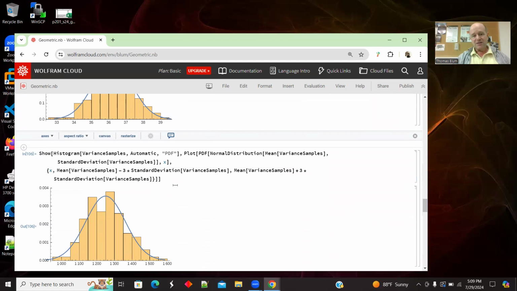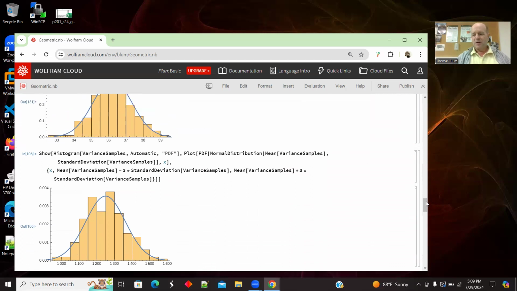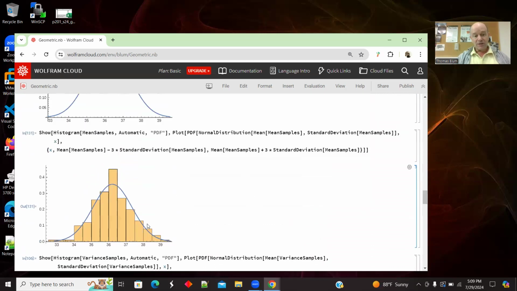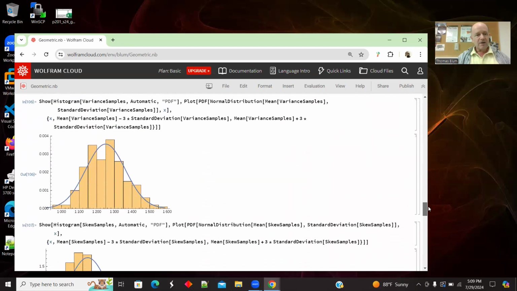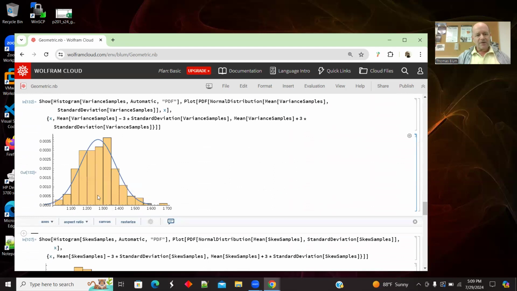But here's the variance. So this was my statistical quantity of the mean. Here's my statistical quantity of the variance. Same idea. I've got this normal distribution. I did a number of samples. I got the variance.